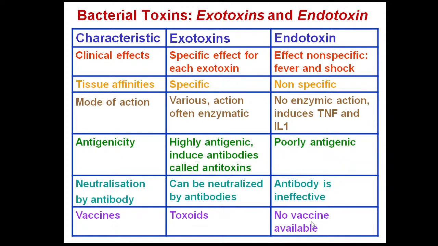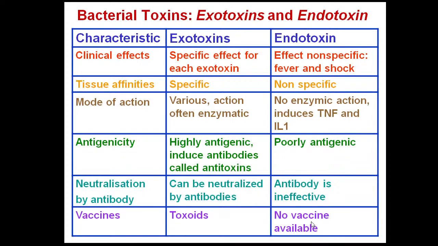Now the question is, can our body produce something to protect us from these toxins? Regarding the exotoxin, it is highly antigenic, and antibodies can be induced in the body that are called antitoxic antibodies, or antitoxins.